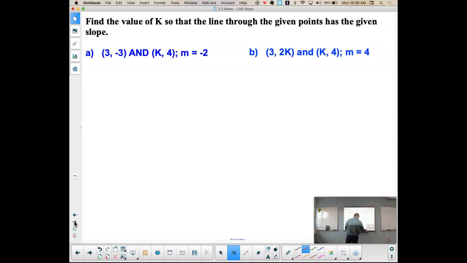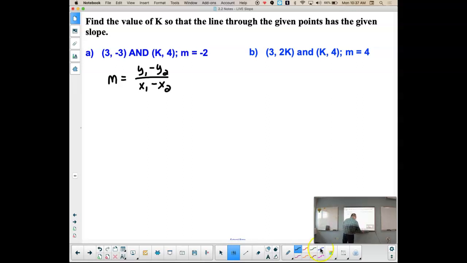So the very first thing that you would do is, I've got 2 points, so I'm going to use the slope formula. Okay? Now I'm just going to fill in what I know.